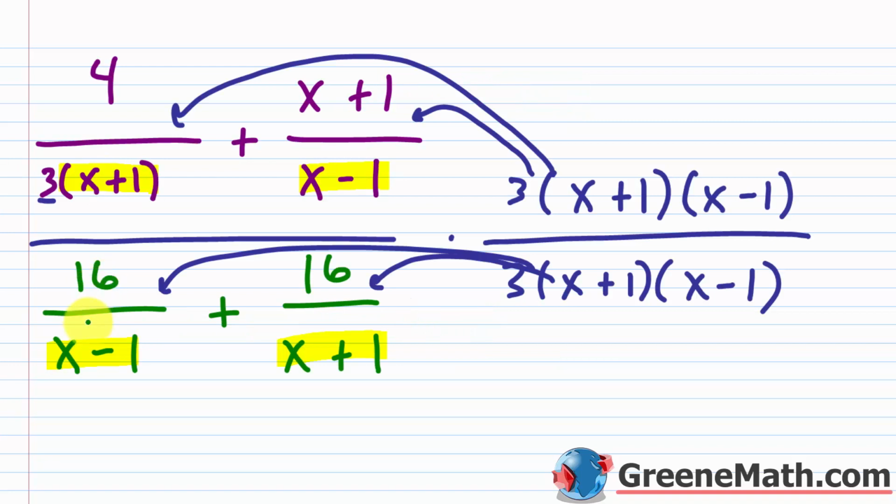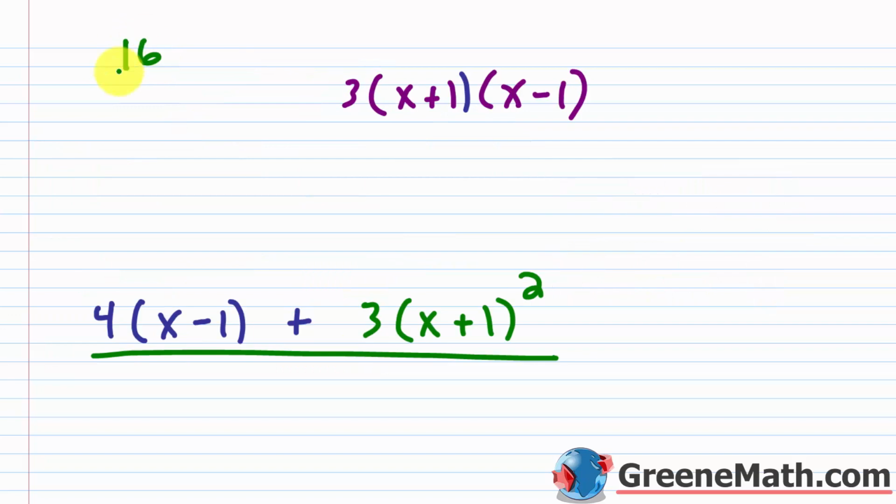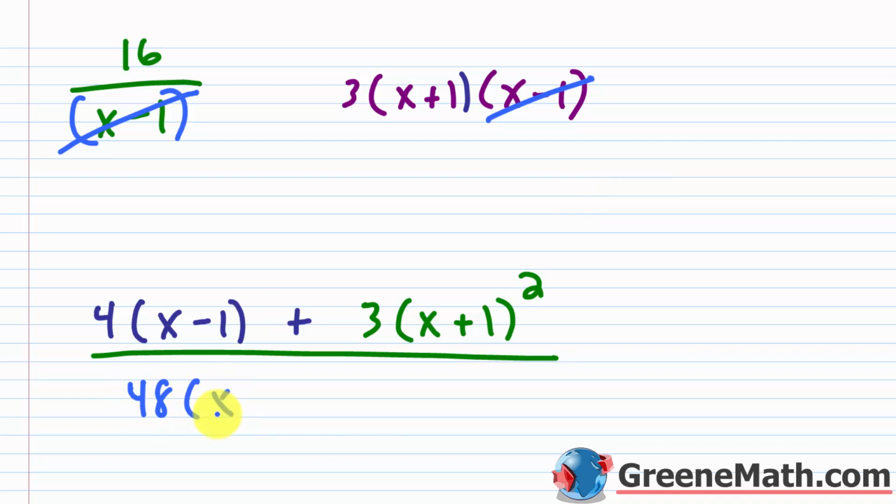Now I have 16 over x minus 1 multiplied by this. So we have this x minus 1 here. So again, wrap this in parentheses. This is going to cancel with this. And I'll have 16 times 3, which is 48, times the quantity x plus 1. Then plus, let me get rid of this. This is just going to change to x plus 1, but I want to make sure you see that.